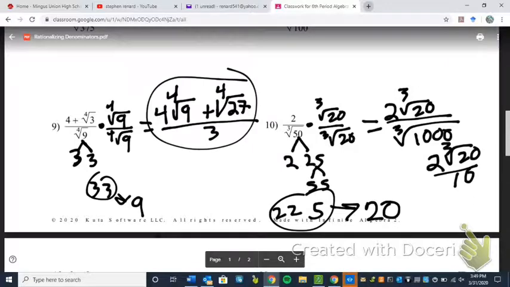We also know that we're pulling out 2 2s and 1 5. 2 times 5 is 10. Now notice here we have 2 over 10, which is going to reduce to 1 over 5, because 2 is 1 times 2, and 10 is 2 times 5. So the 2s cancel out. We're left with 1 over 5. So our final answer there is cubed root of 20 over 5.